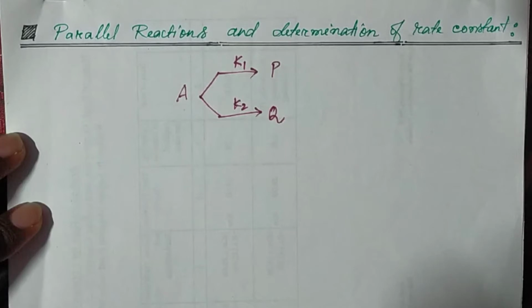So this is the definition. When a reactant in the reaction undergoes more than one pathway, giving rise to different products, the reactions are termed parallel or side reactions.